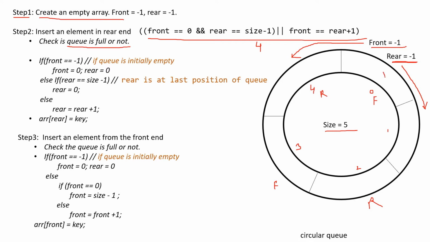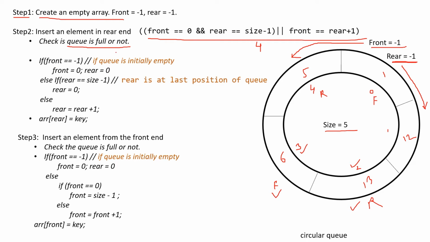Rear would have filled, suppose, here 11, here 12 and here 13. Now the front also keeps on filling the data. So if front started from here, it would have filled, suppose, 5 here and 6 here. So this is the condition, right? If my front is pointing to index 3 and my rear is pointing to index 2, you can see all these slots are filled, right? So it indicates that the queue is full. This is the condition we have to check to see whether the queue is full or not.